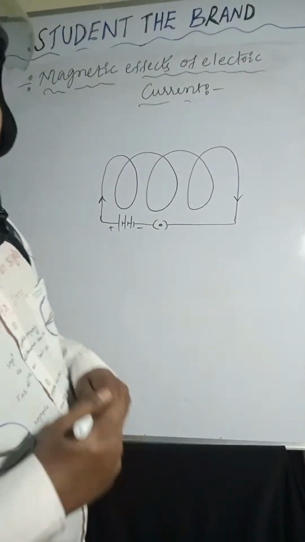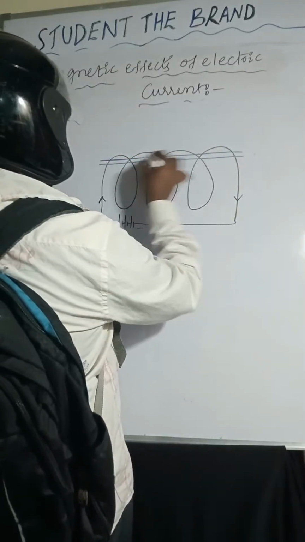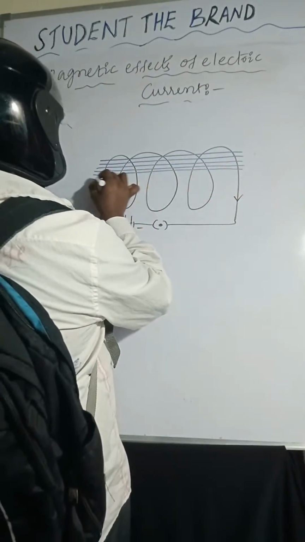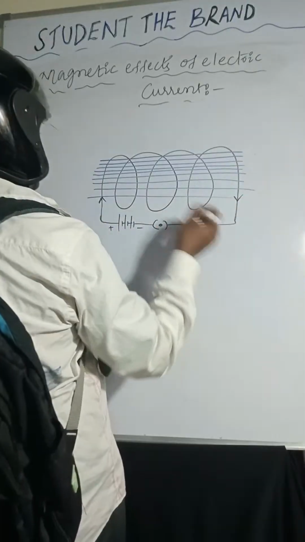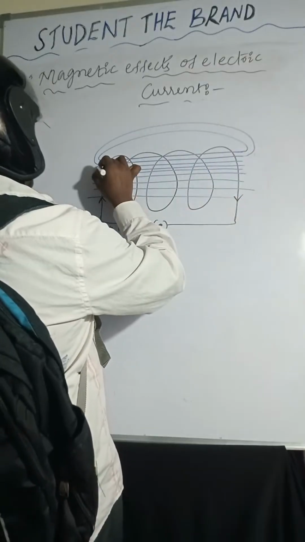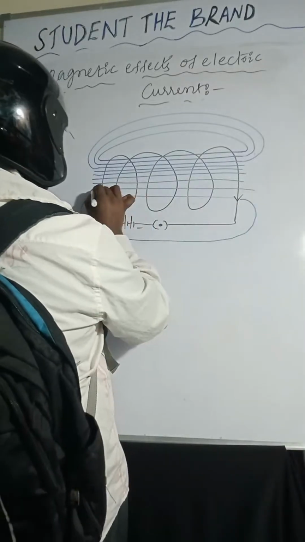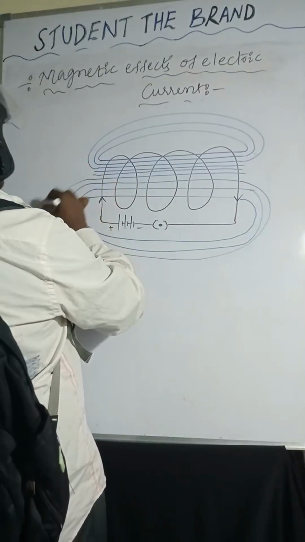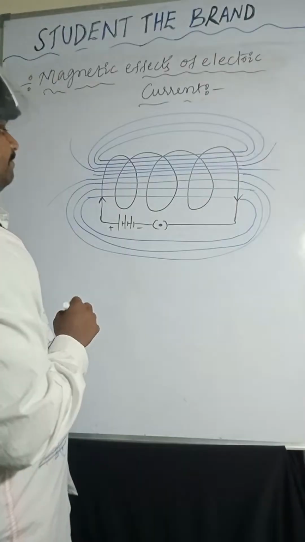Current is passing. Now the magnetic field, take the turns 1, 2, 3 and so on.